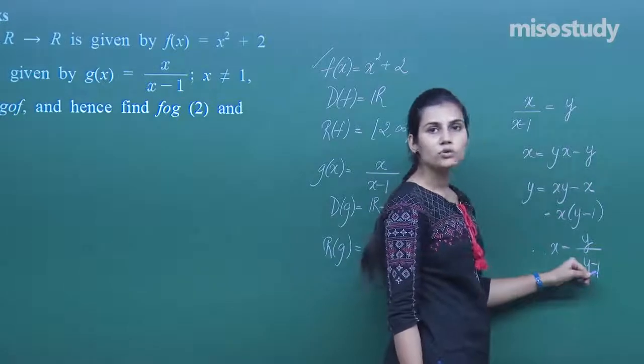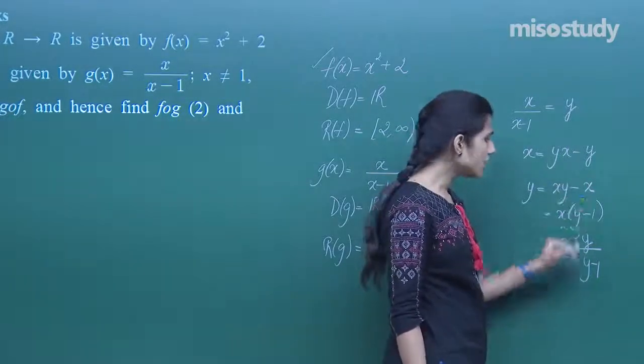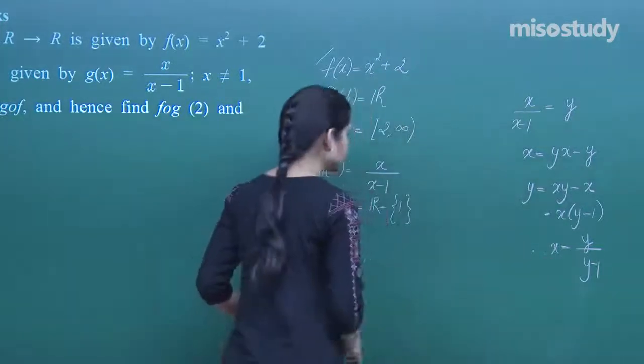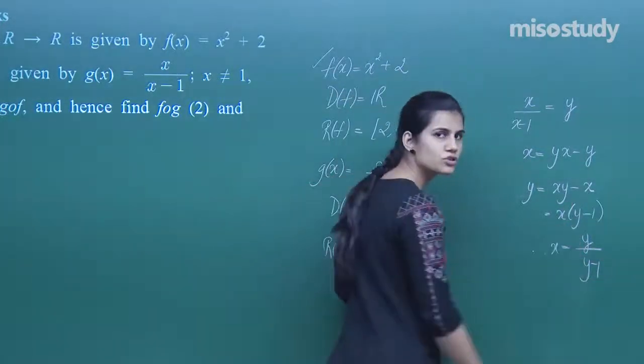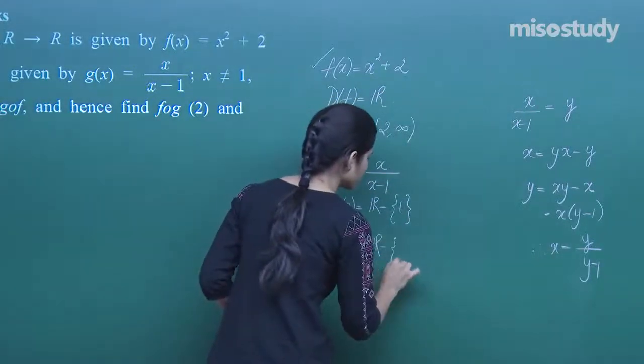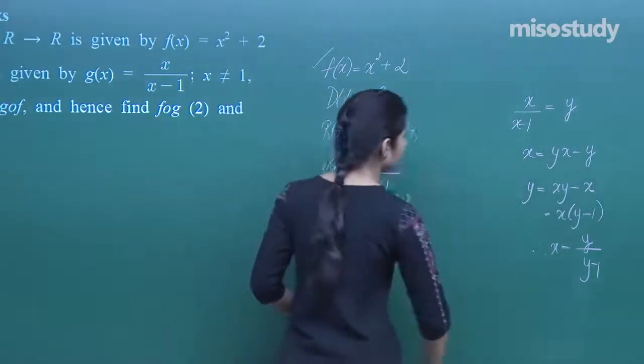Just for y not equal to 1, all the rest of the values of y give me x as a real number. So range is also all real numbers minus the quantity 1.